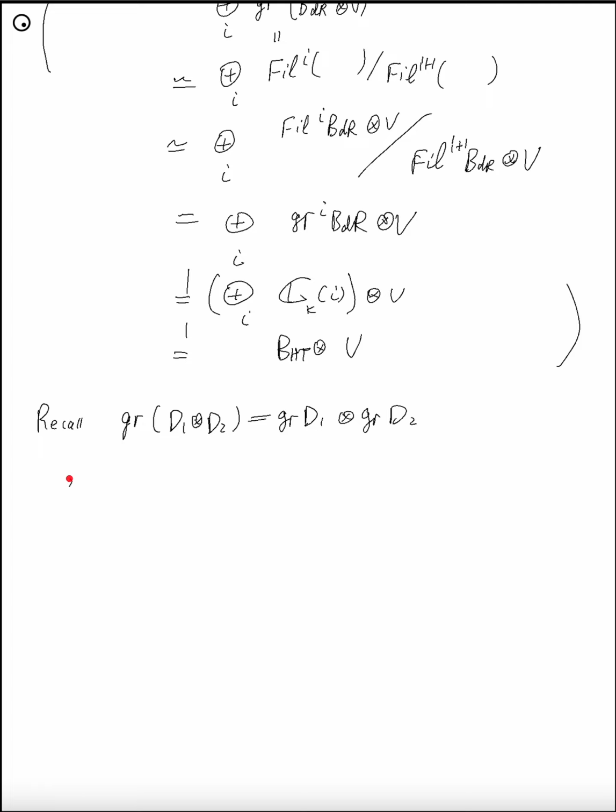And so the graded piece of B_dR tensor over K of D_dR(W) is hence the graded piece of the first, B_HT, tensor with the graded piece of the second, gr D_dR(W).